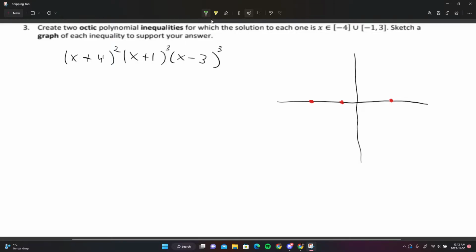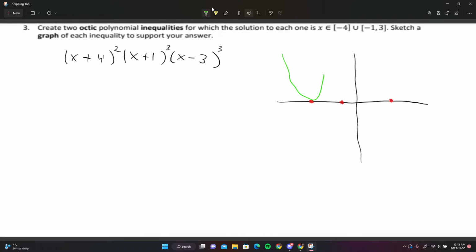It's important to mention that the exponent after every bracket is really important for how the graph is going to look. Right now, first we know it's an even degree positive function, so it's going to start off in quadrant 2, right? And since x plus 4 is to the power of 2, at the x-intercept it's going to look like a parabola.